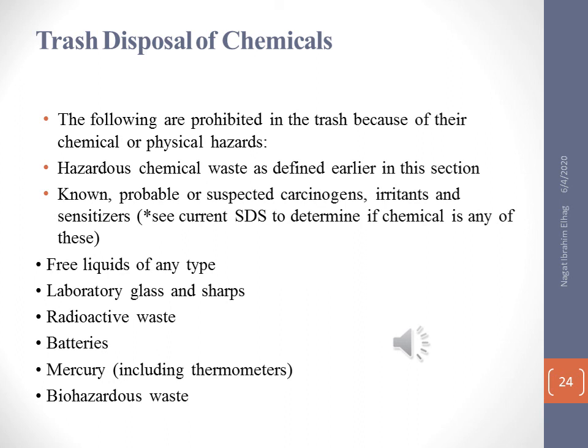There are many types of waste you have to know, such as free liquid. You have to put it in special cans. Also, laboratory glass and sharps should be put in safe boxes, a special box.